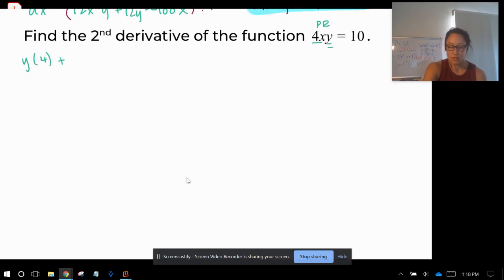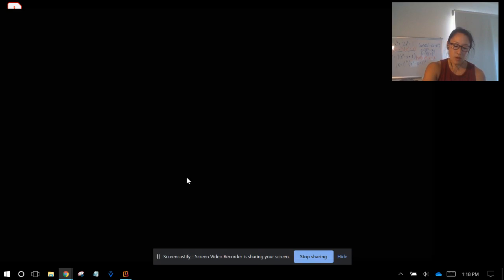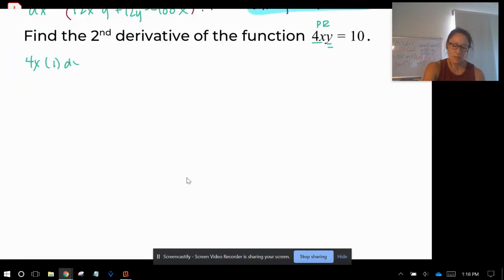Plus the derivative of left d right. I did this opposite. It doesn't really matter, but I'm going to do it for consistency. Okay, so left is 4x, d right, the derivative of y is 1 times dy dx. So left d right plus right d left.